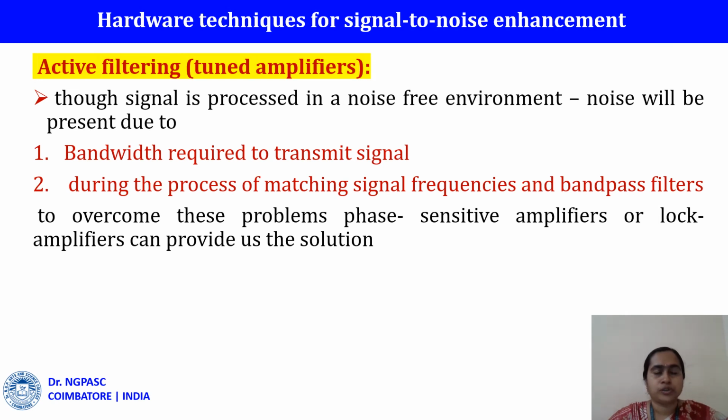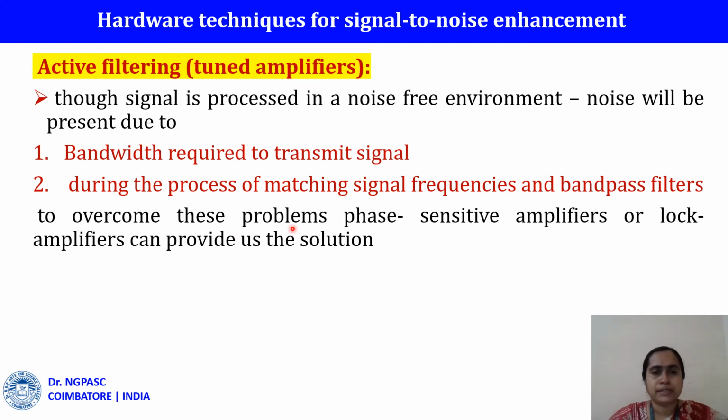Next method, we go on to the tuned amplifiers or active filtering to enhance the S by N ratio. Though the signal is processed in a noise-free environment, noise is present due to two factors: the bandwidth required to transmit the signal, and the process of matching signal frequencies and bandpass filters.